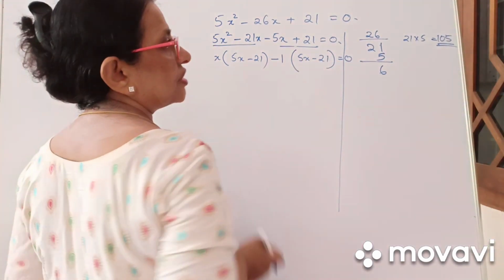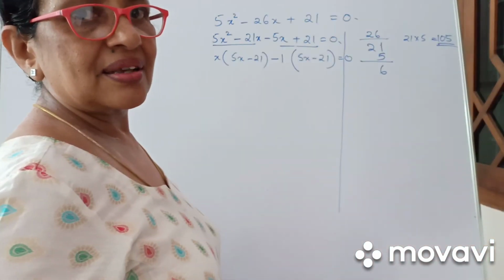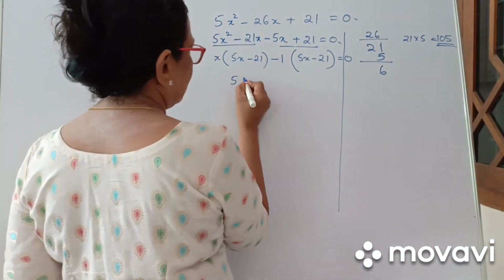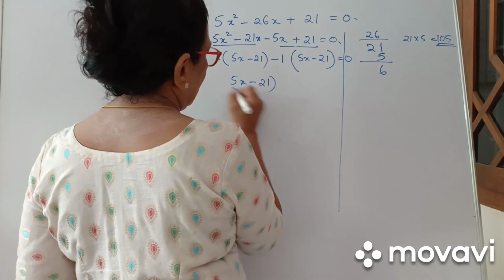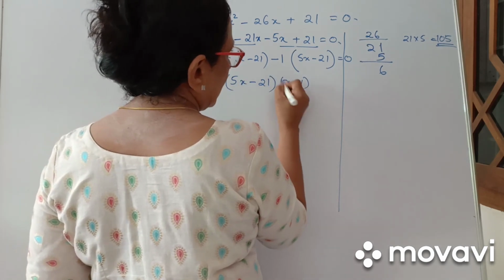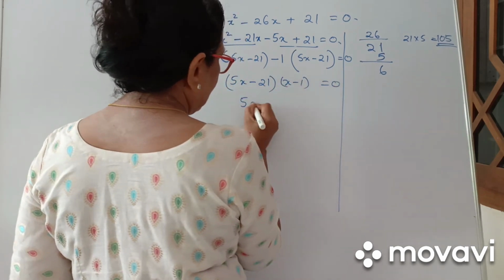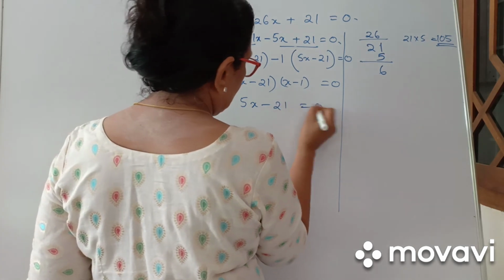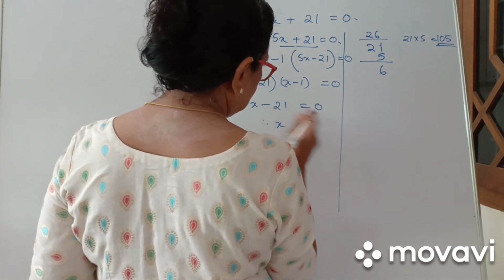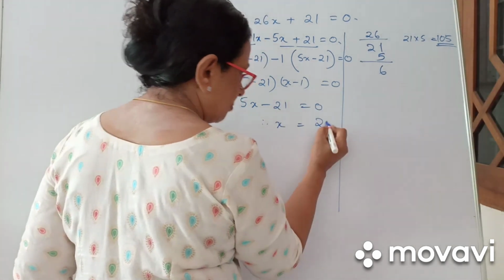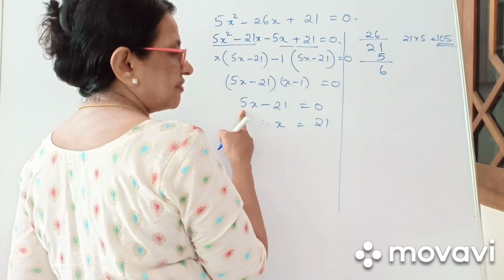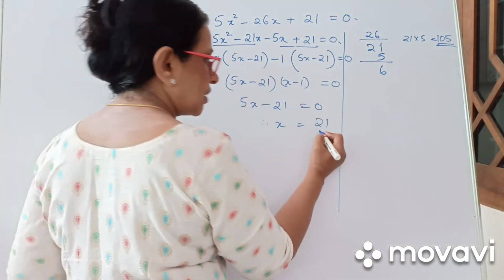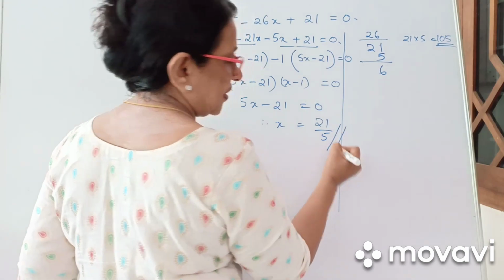See, in both terms you got 5x minus 21 in the bracket. So 5x minus 21 into x minus 1 equal to 0. 5x minus 21 equal to 0. Therefore, x is equal to, take 21 to the other side, positive. Then you get 5x equal to 21. Therefore, x is equal to 21 by 5.